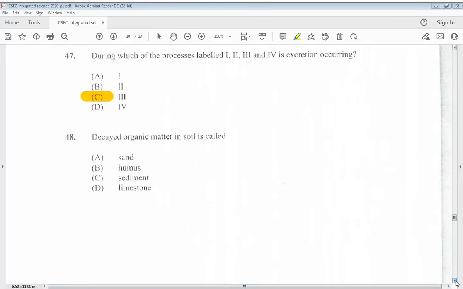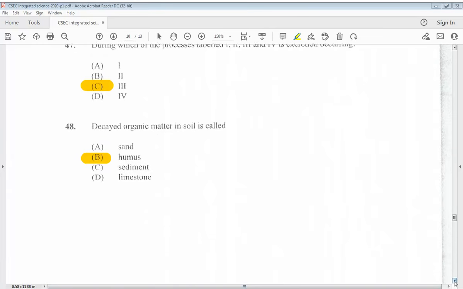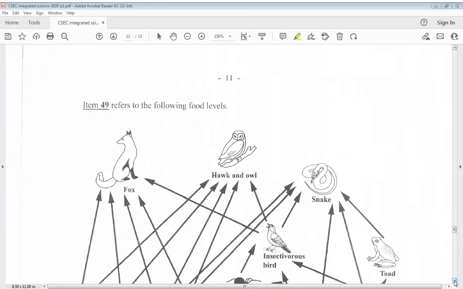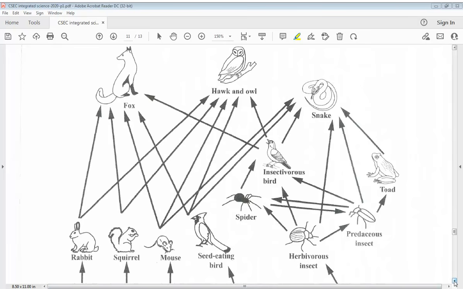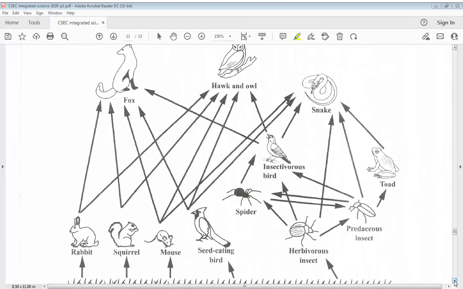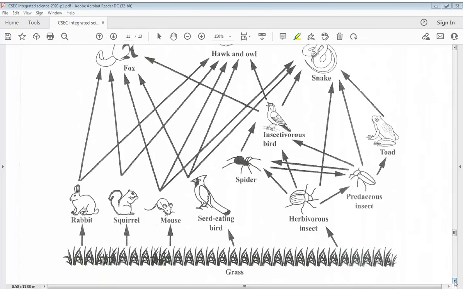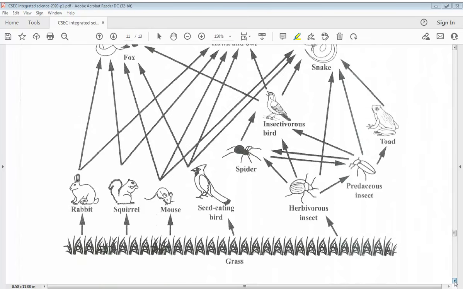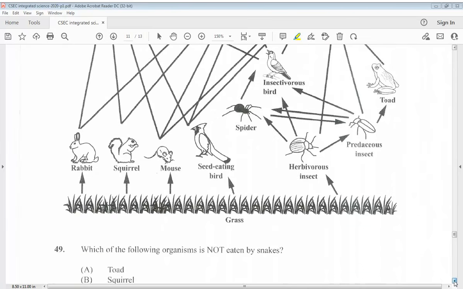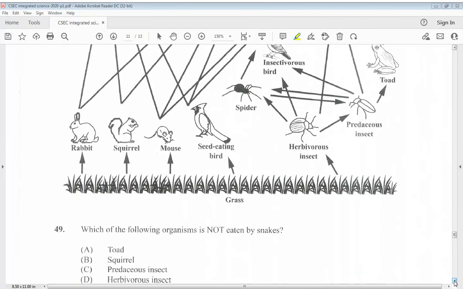48. Decayed organic matter in soil is called, you know that's B. Let's go to 49. We have the different food levels. So which of the following organisms is not eaten by snakes?